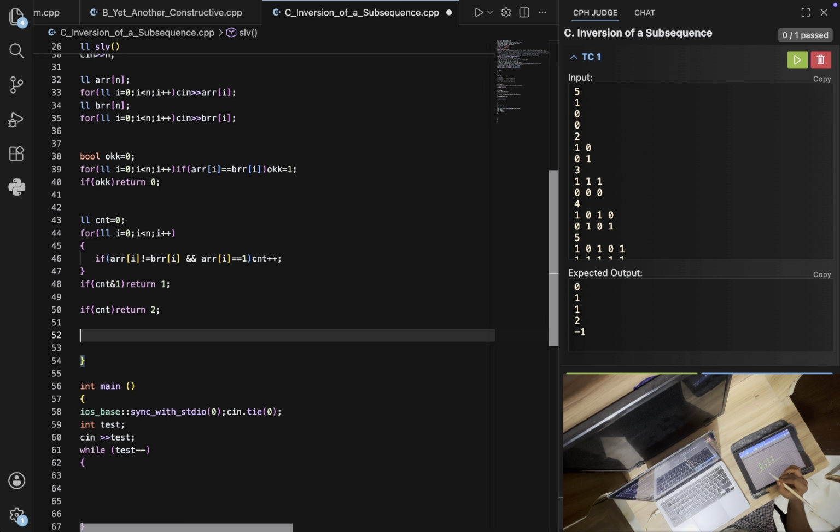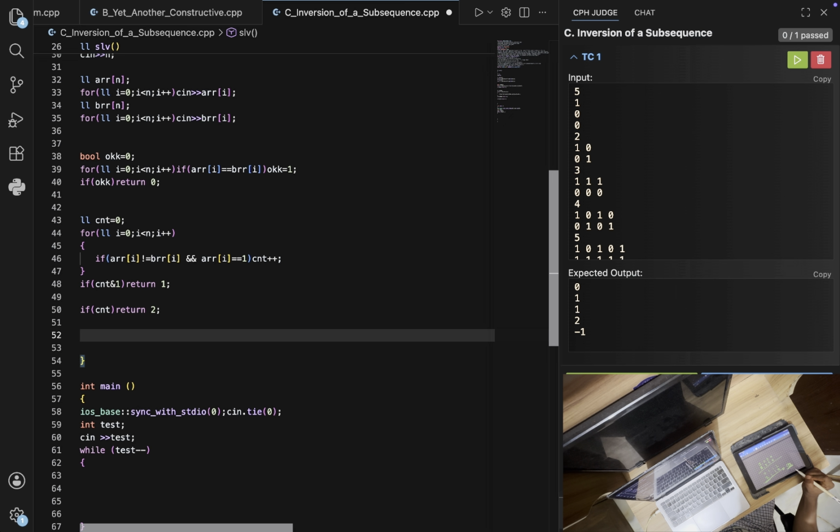First operation, I'm going to do something like all ones, 0, 1, 1, 1. Then to revert it back, 1, 1, 1, 0. So I will take two operations.